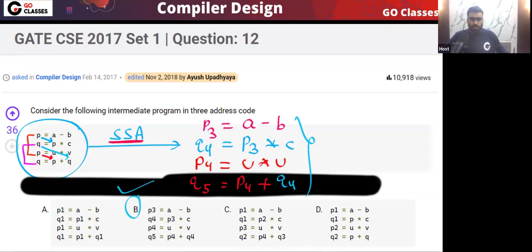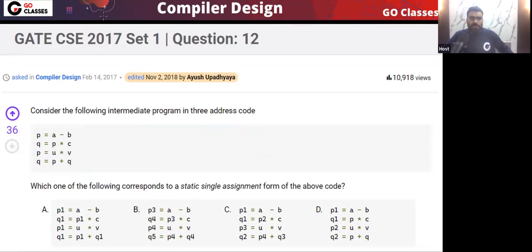I hope you understood. Is there any problem with option C? Yes, there is a problem with option C. See, this is the problem.